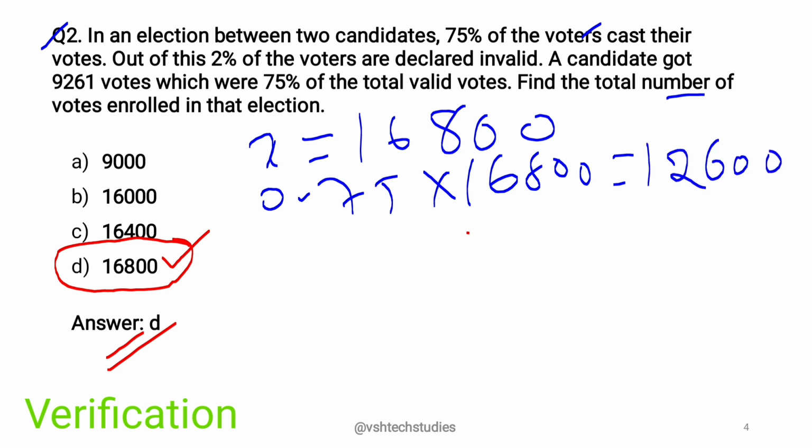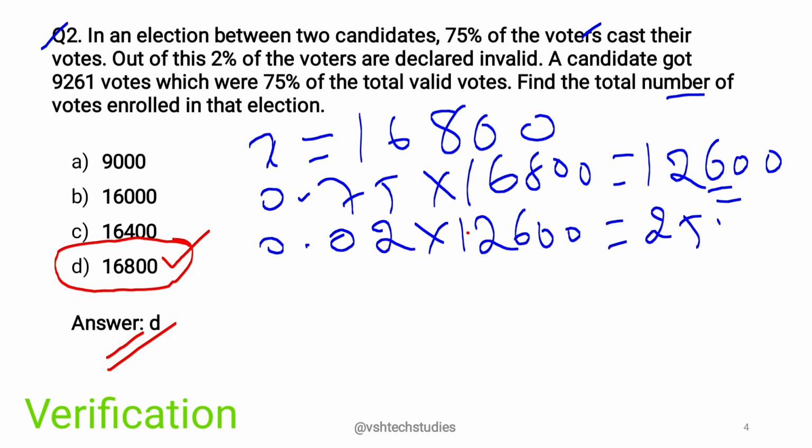So out of the total, 12,600 people cast their votes. 2% are invalid. 2% of this means 0.02 into 12,600, that equals 252. 252 is the number of invalid votes.